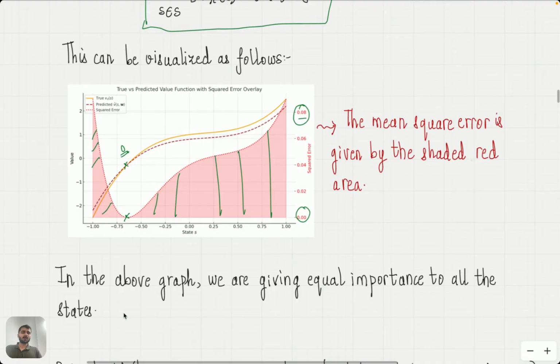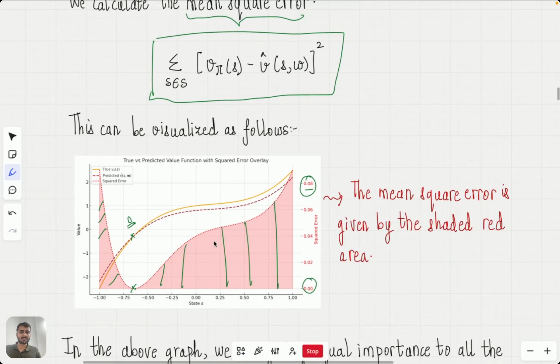Okay, so in the above graph, the main thing is that we have given equal importance to all the states. Now, what happens in an actual reinforcement learning problem is, let's say you have a lot of states, you have a distribution of states, and the agent only visits certain states more number of times, but other states are not visited.